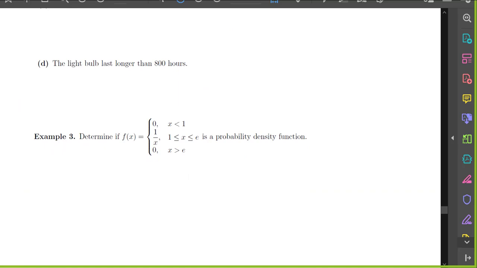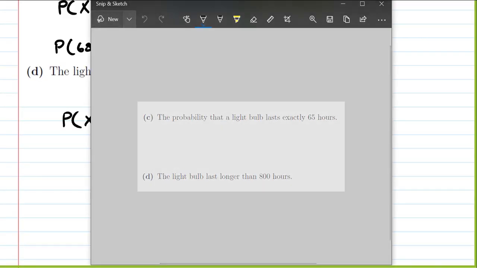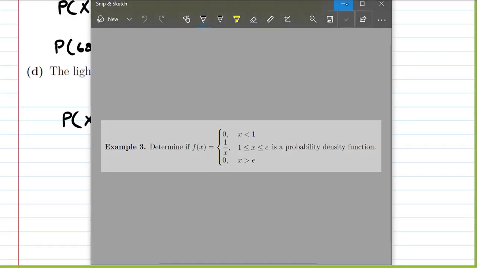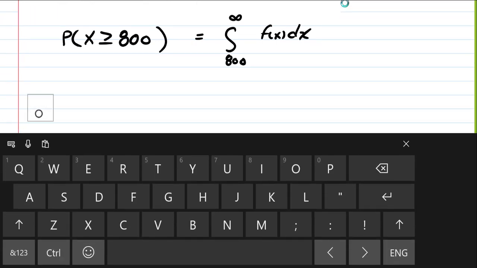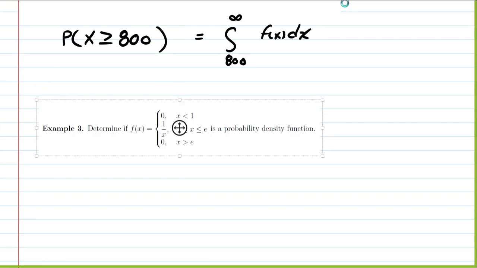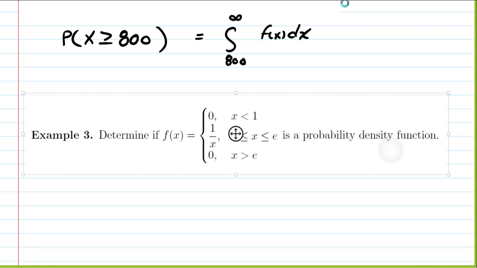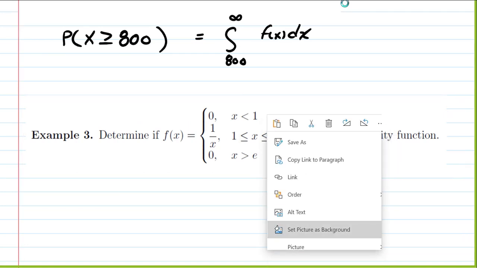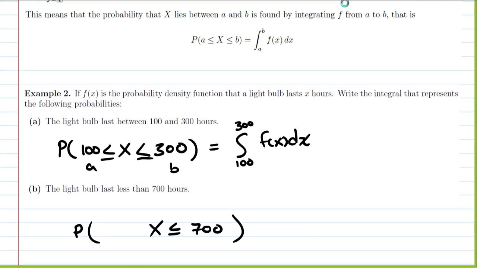All right, so now we want to take a look at this probability density function. Or perchance an alleged probability density function. So determine if this is a probability density function. So what were our requirements for something to be a probability density function?